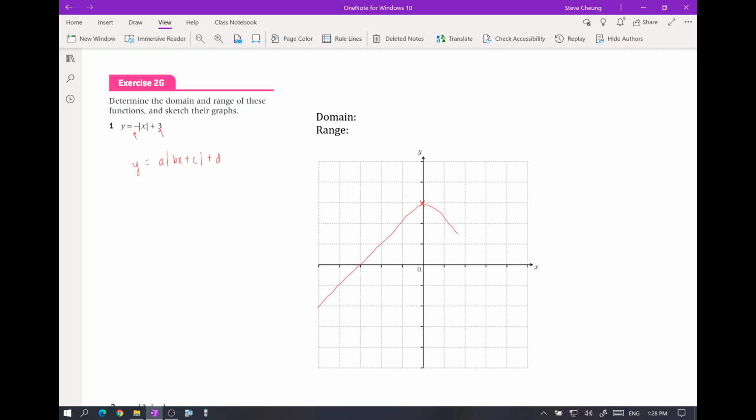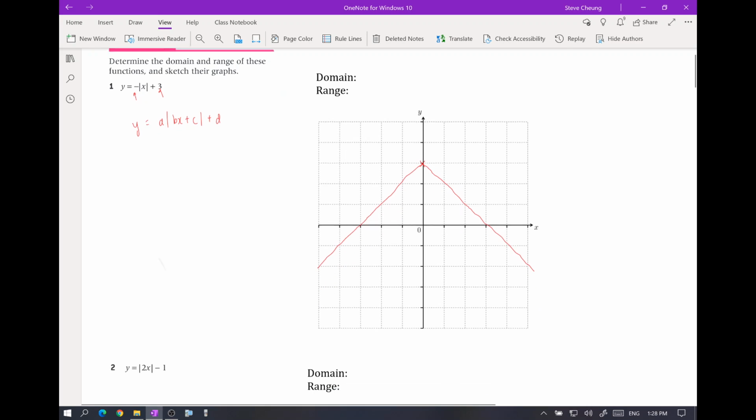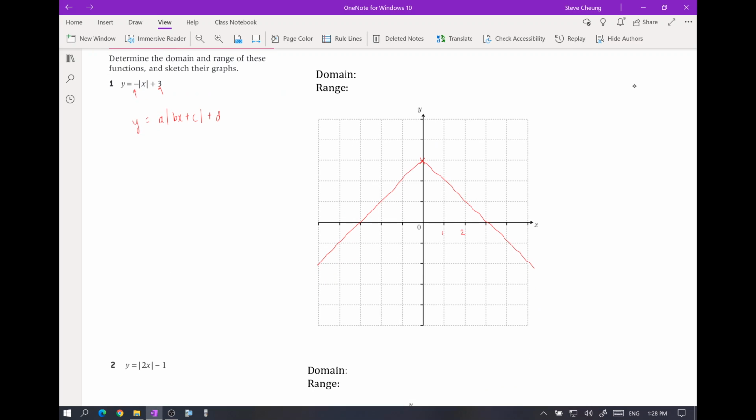This will be a 45-degree angle since the coefficient of the absolute value function is just 1. So if I want to give it the scaling, this graph would just have a 1-to-1 scale.